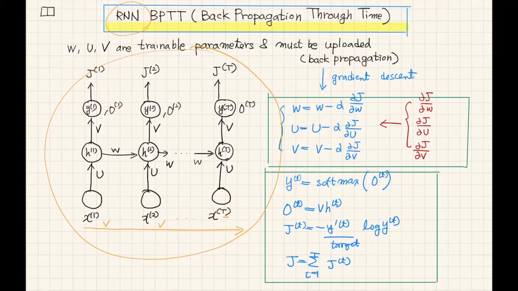If you have input X, that will be connected to hidden layer H by multiplying matrix U, then hidden layer will be connected to output layer by multiplying matrix V. By applying the softmax, we will obtain output Y from O1. And then we can calculate cost function J.